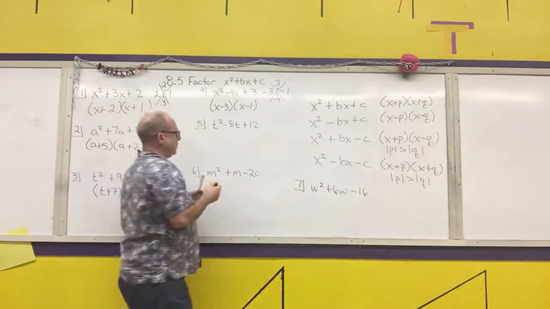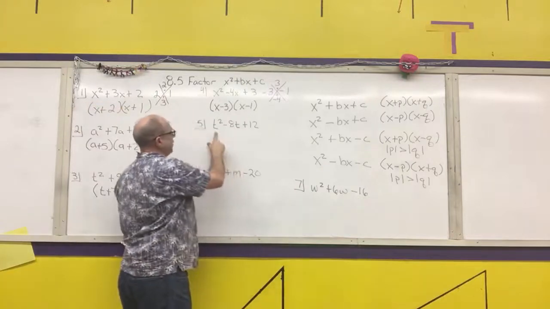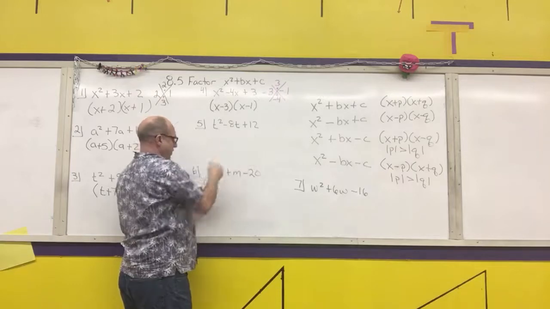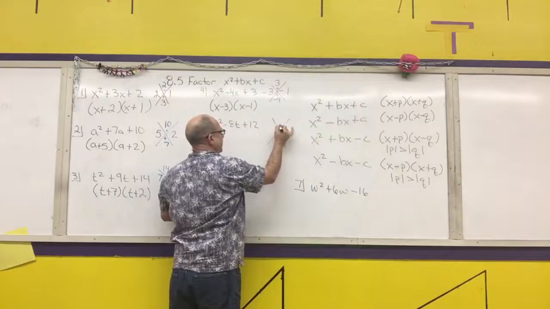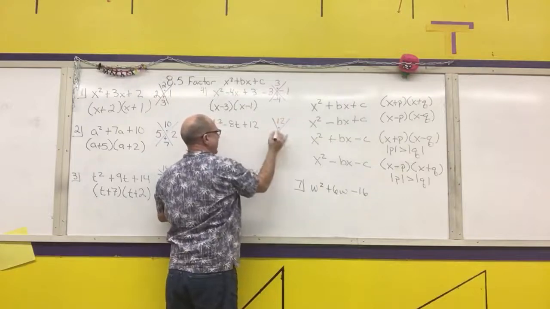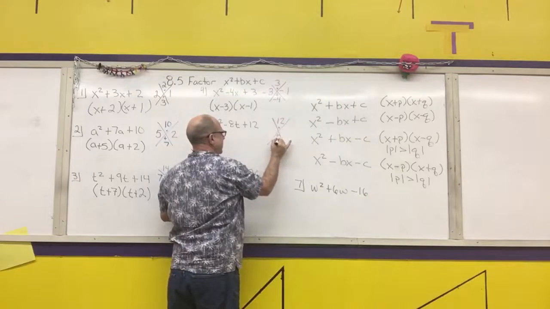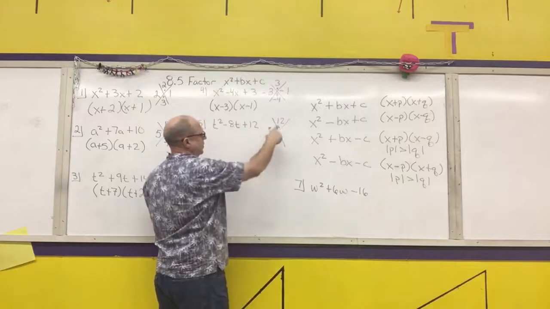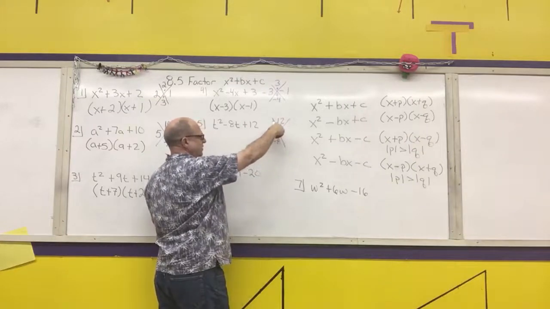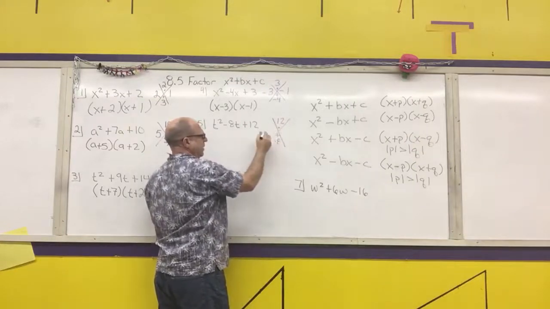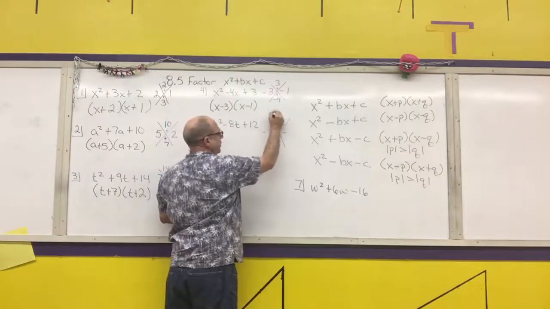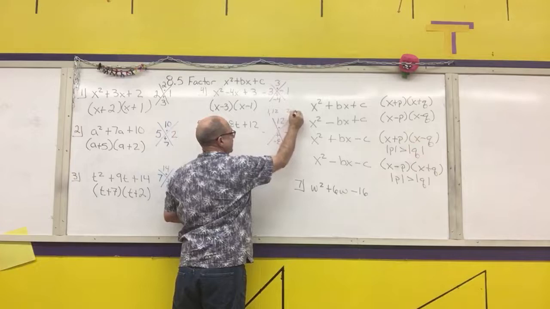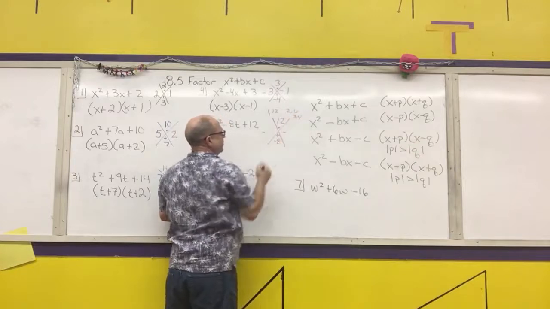Next group, t squared minus 8t plus 12. I need two numbers that multiply to 12, that add to negative 8. Again, they have to have the same signs because this is positive, and that sign's going to be negative. My options for 12 are 1 and 12, 2 and 6, and 3 and 4.